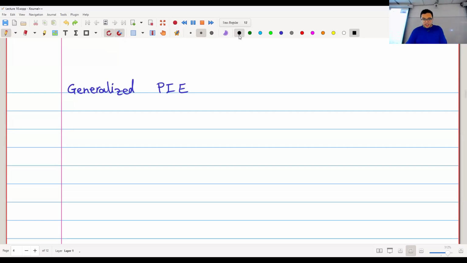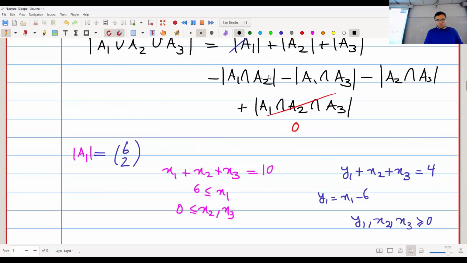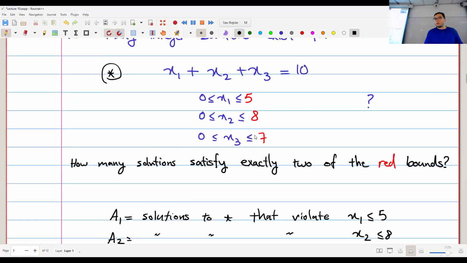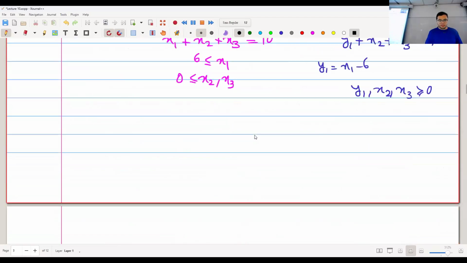So the situation is similar as before. Let's say that I have a big set, a universe set with n elements. For example, in the previous case, my universe was the set of all solutions to these equations where I didn't consider the upper bounds. That was my universe, right?